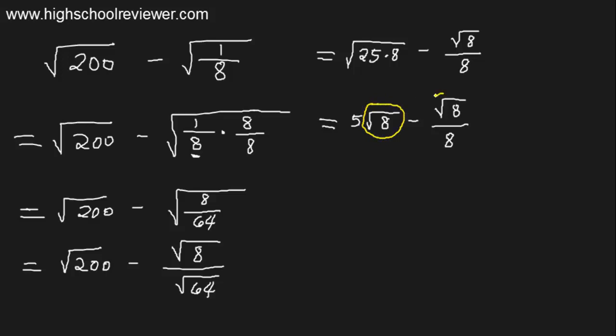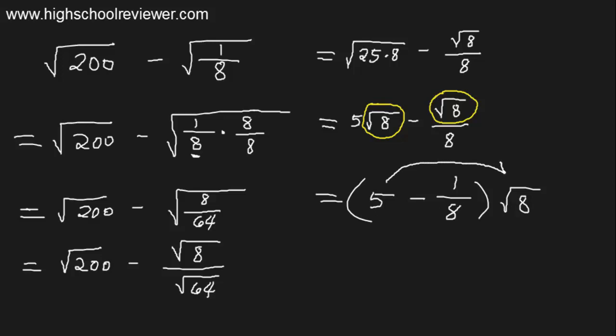So we have here square root of 8, and we also have here square root of 8. We can factor this out. So to factor out, we will move out square root of 8. So what will be left here will only be 5 minus, okay, what will be left here will only be 1/8. So to check, we have 5 times square root of 8, that will be 5 square root of 8, minus 1/8 times square root of 8, that will be square root of 8 divided by 8.